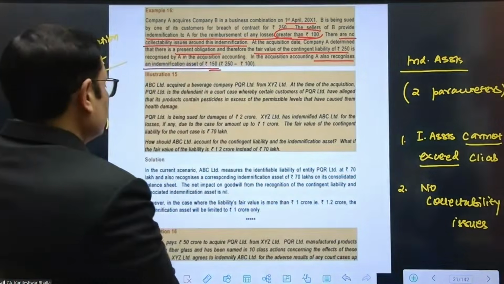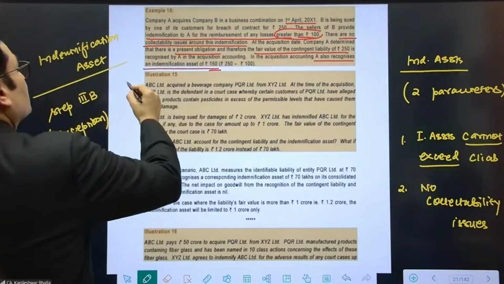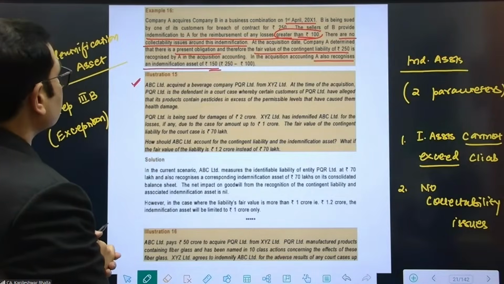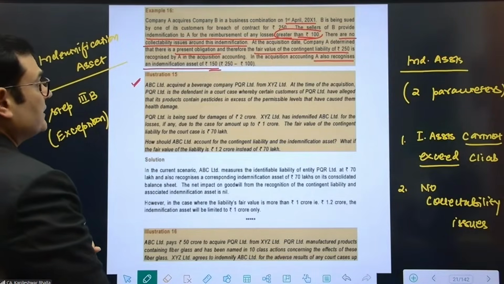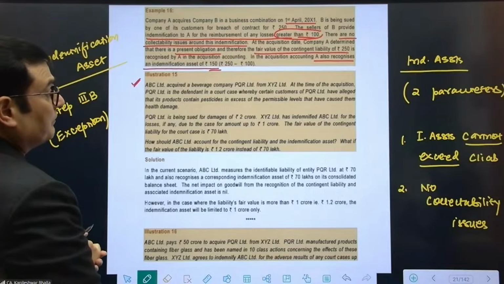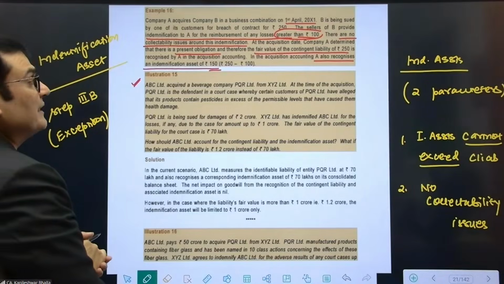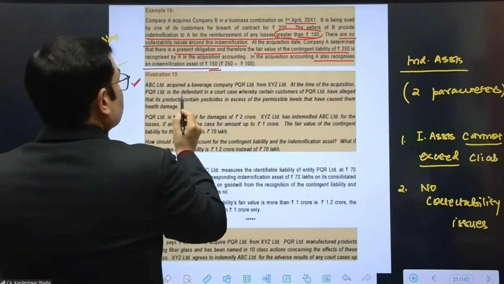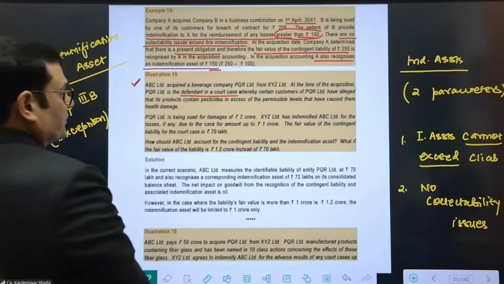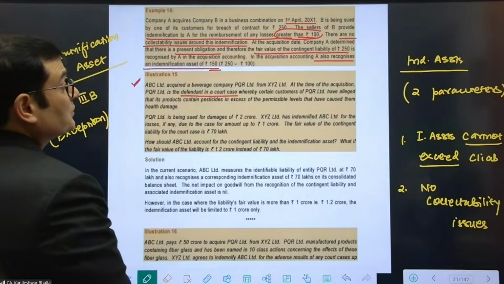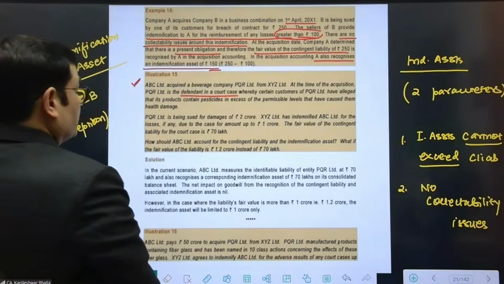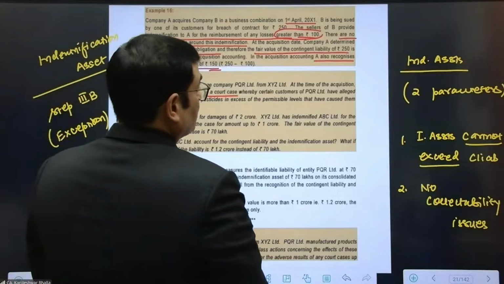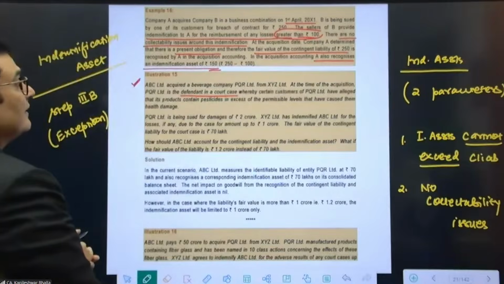Okay, let's now go to illustration number 15 as well. Let's have a look at illustration 15. It says ABC acquired a beverage company, PQR, from XYZ. At the time of acquisition, PQR is a defendant in the court case, whereby certain customers of PQR have alleged that the product contains pesticides in excess of the permissible levels that have caused them health damage.